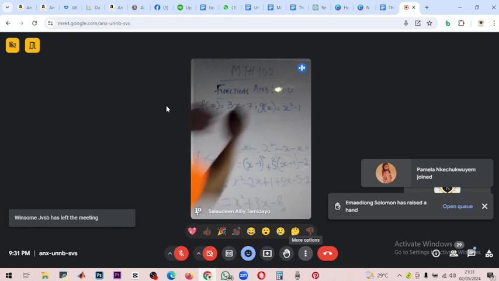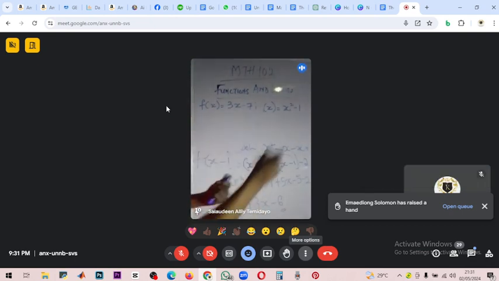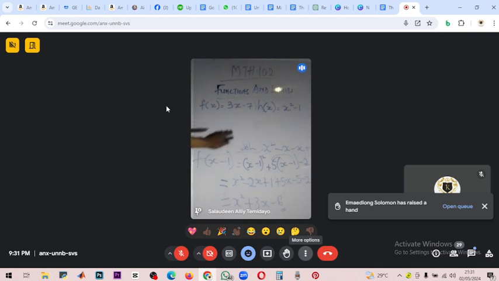Okay, let's say it is h of x instead of g of x. Another function, it might be anything of x. So I'm using h of x now. f of x is 3x minus 7 and h of x is x squared minus 1.